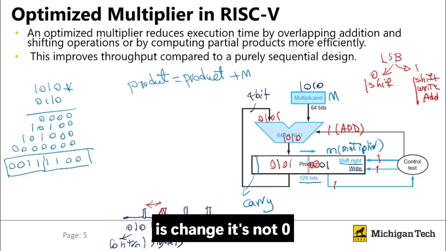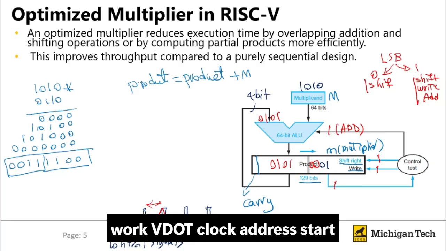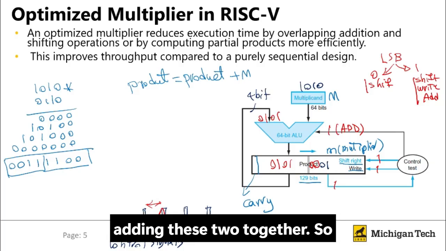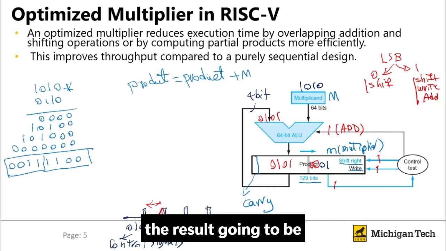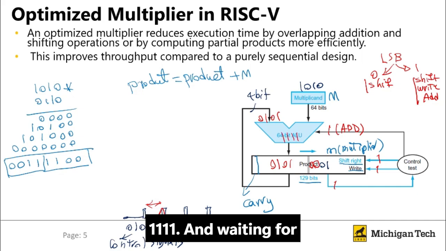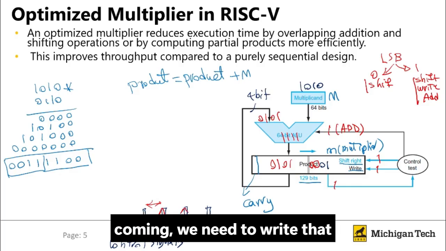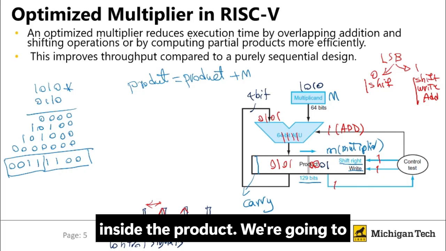It's not zero anymore, and the adder can work without a clock. The adder starts adding these two together, so the result is going to be 1, 1, 1, 1, and waiting for the clock.